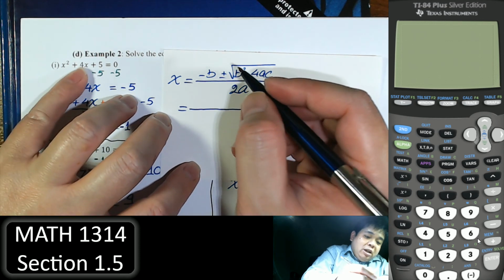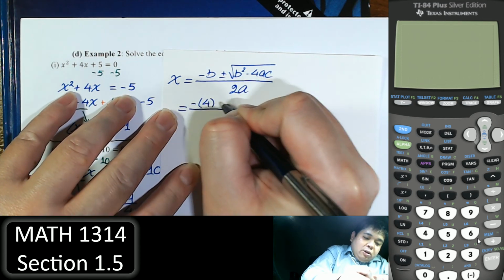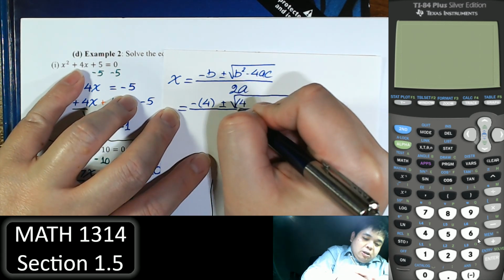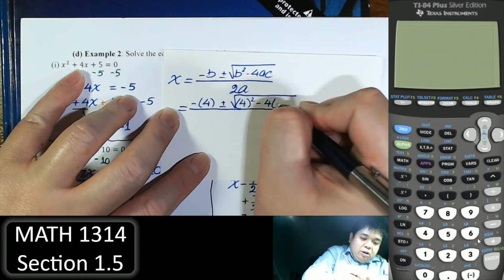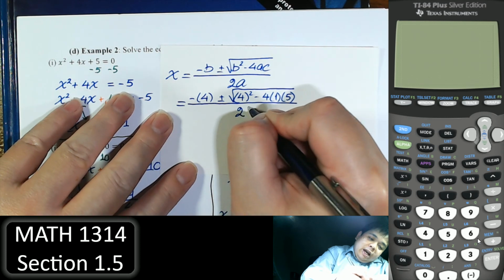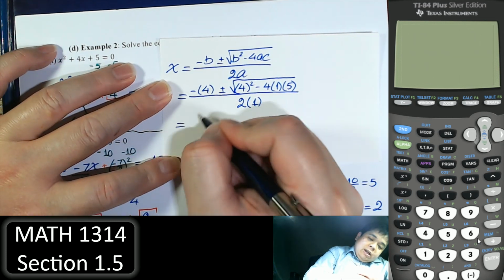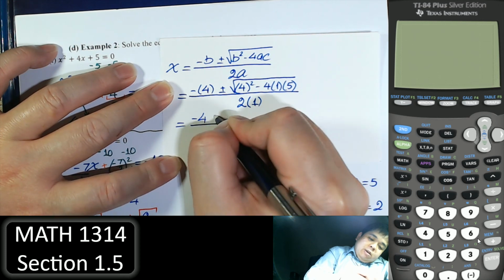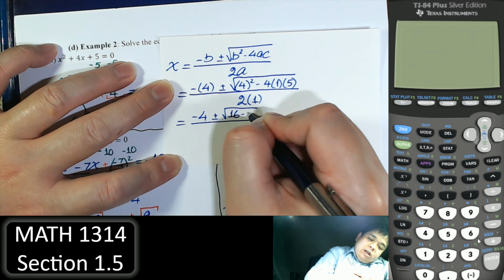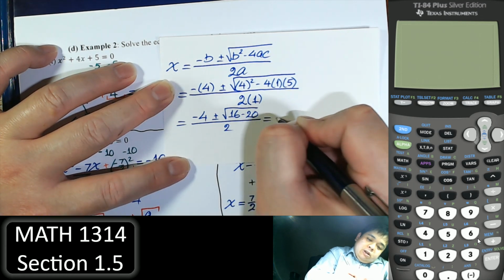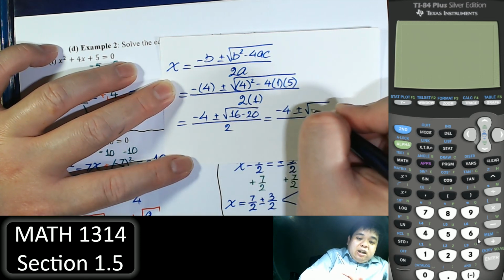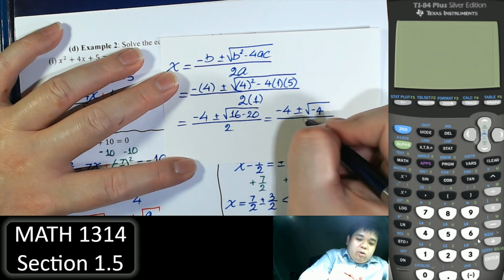A is 1, b is 4, so negative 4 plus or minus b squared minus 4ac over 2a. So that gives us negative 4 plus or minus, we have 4 squared 16 minus 20 over 2. So negative 4 plus or minus square root of negative 4, since 16 minus 20 is negative 4, over 2.